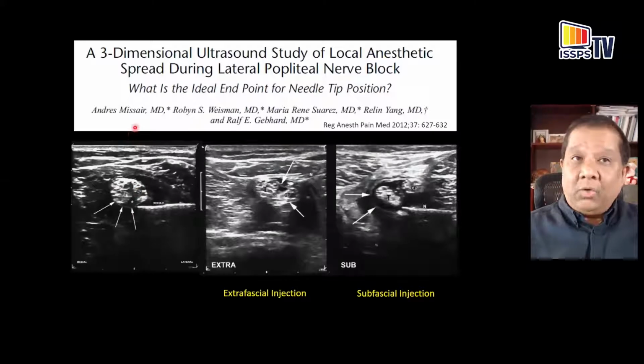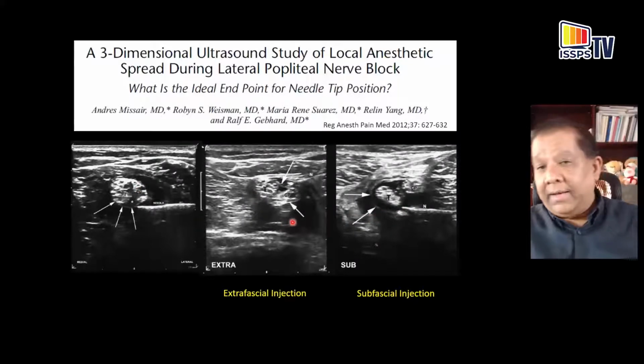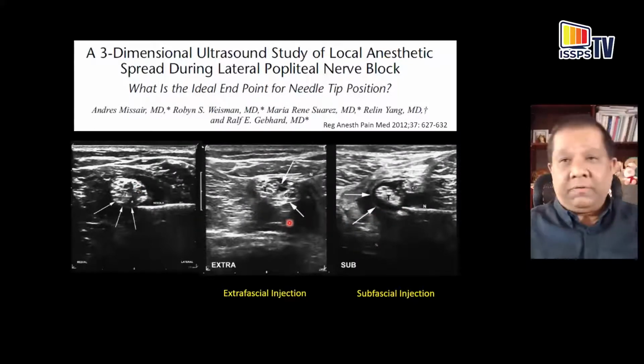But nevertheless, along the way, Dr. Messer and Dr. Gebhardt from Miami in Florida did this study with three-dimensional ultrasound, although it was manually performed. You can see here they performed a needle on the anterior aspect with the patient lying. I think this is the posterior aspect of the nerve, which is tibial and common peroneal. They placed the needle subfascially and they performed the injection extrafascially.